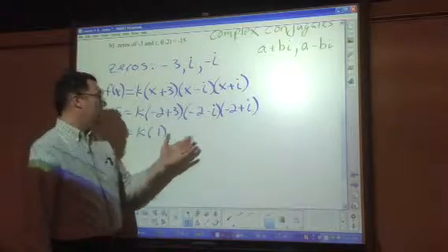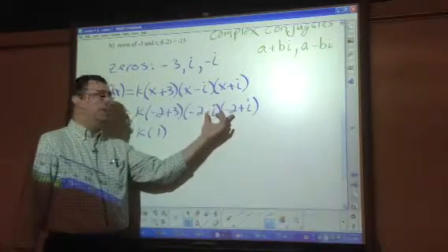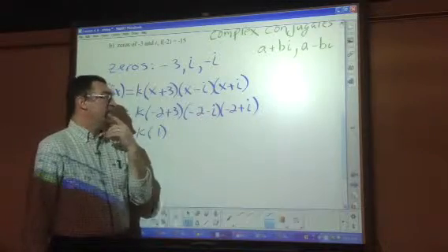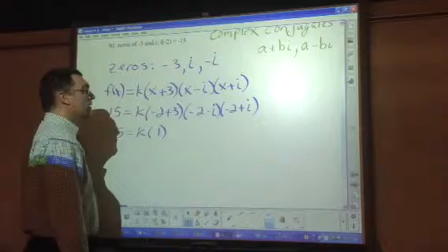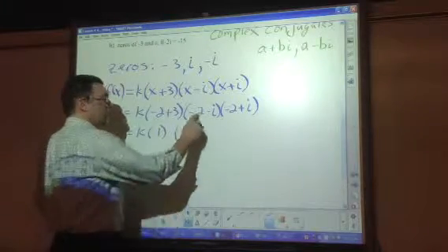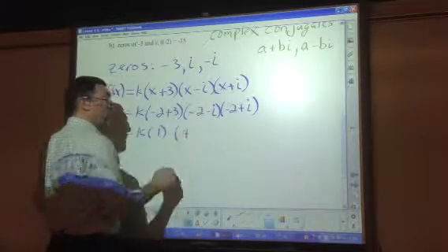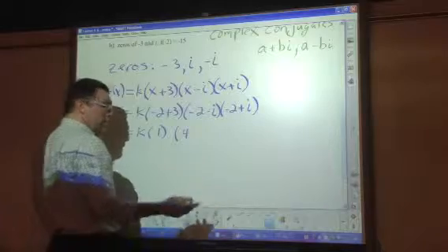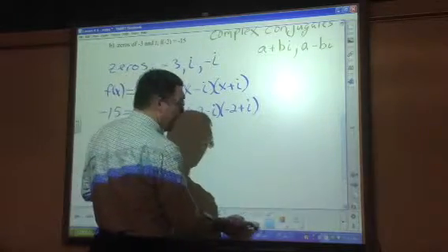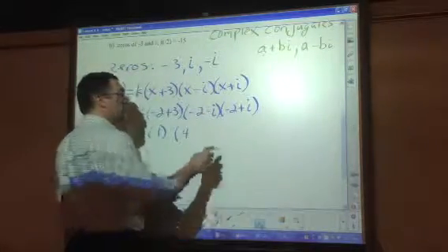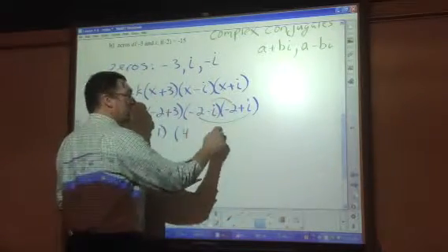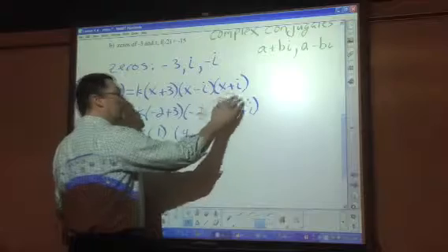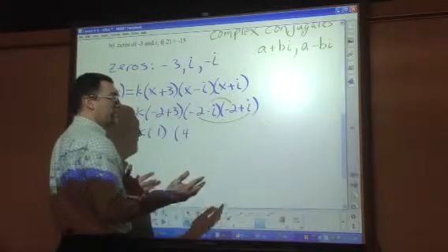Now with this one, we're going to have to multiply negative 2 minus i and negative 2 plus i. So negative 2 times negative 2 is 4, so we actually have to do some FOILing here. Now the nice thing about this is we have a difference of 2 squares, because when I multiply these together, I get a negative 2i and a positive 2i. When I add them, I get 0.